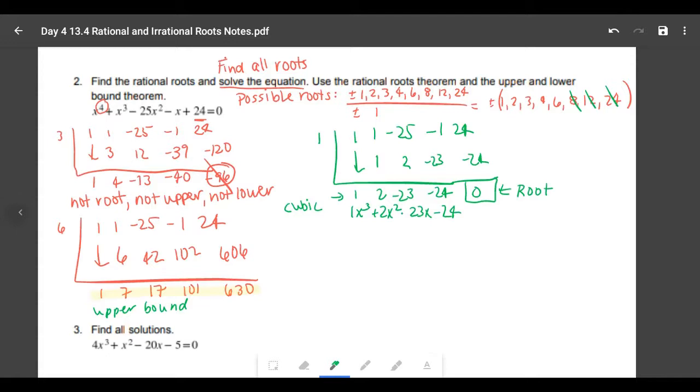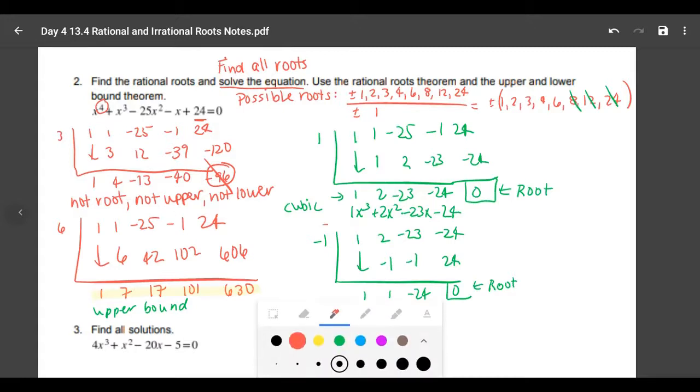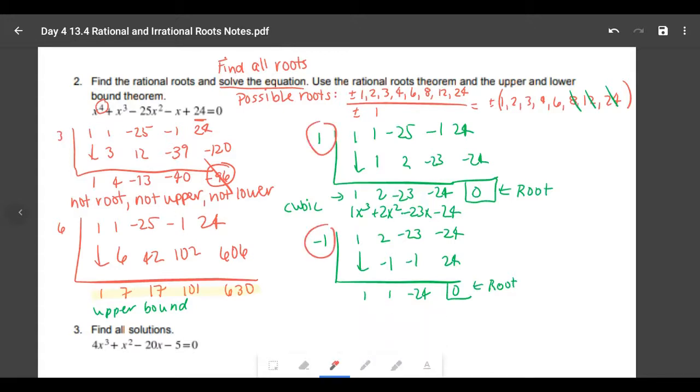So now I really just need to continue on with this, not the original quartic function. So I'm going to try negative 1. So negative 23 there. And I'm going to see what happens when we do synthetic division. All right, so that tells me that that is also a root. So I have now found two roots. One of them is 1 and one of them is -1. And now I need to find the last two roots.